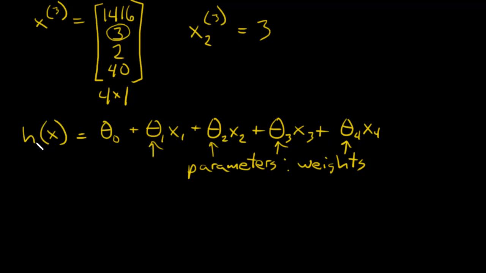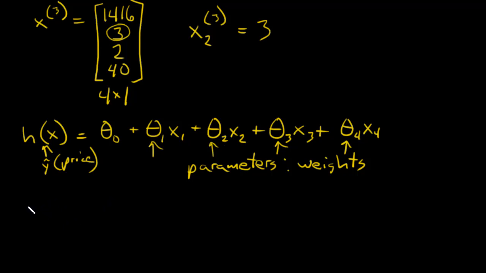So h of x is going to be our price. I can put that right here. This is our y hat, our price. And now I need to know how each of these thetas modifies the individual features.